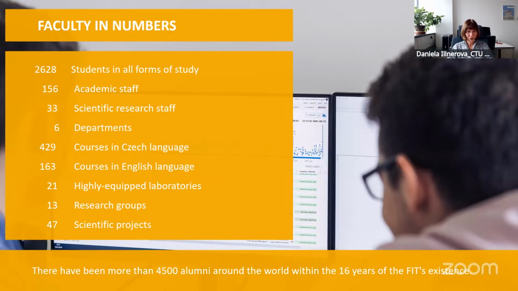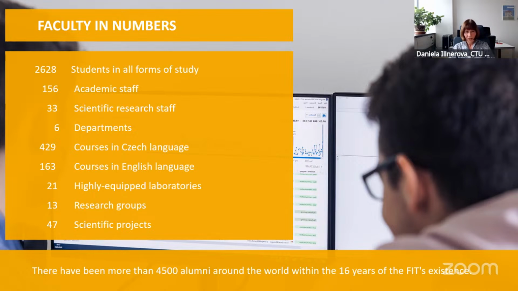For number crunchers, there are some numbers. We have more than 2,600 students on board now. We have 6 departments, quite a lot of courses in the Czech language, then approximately one third of courses in English.